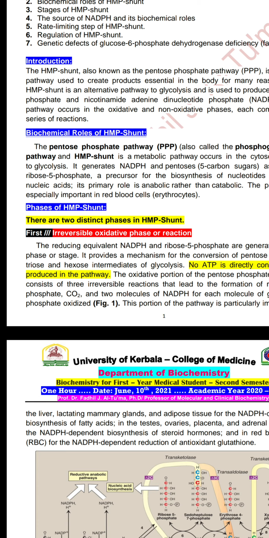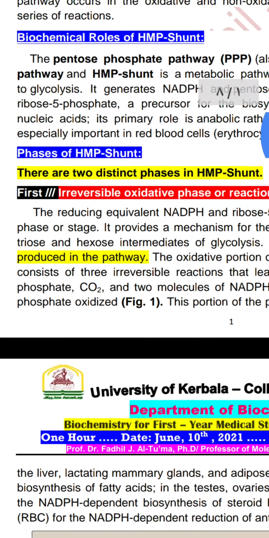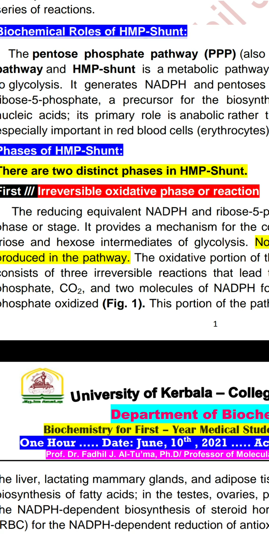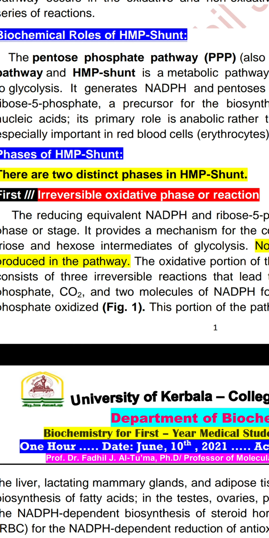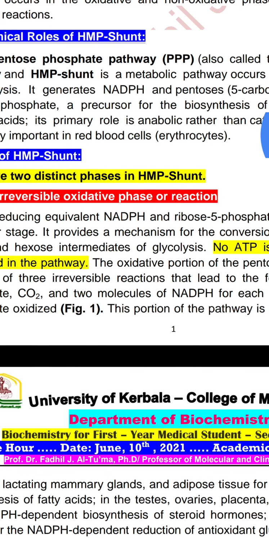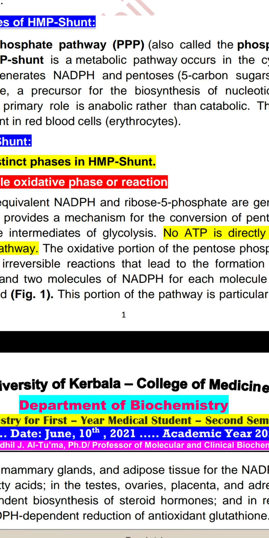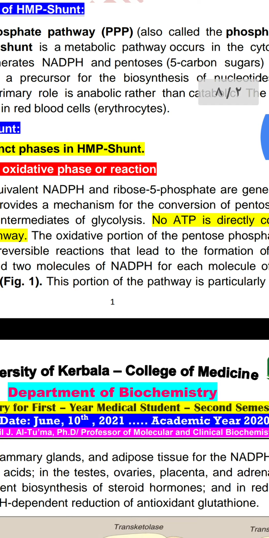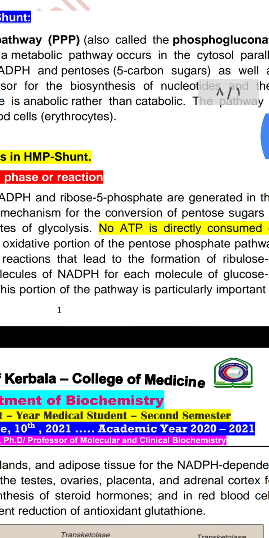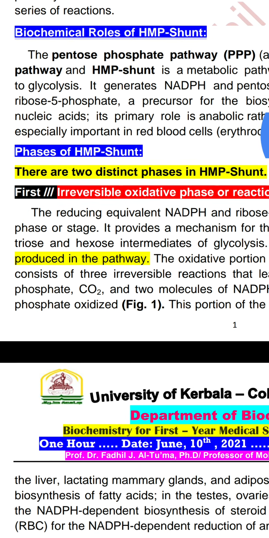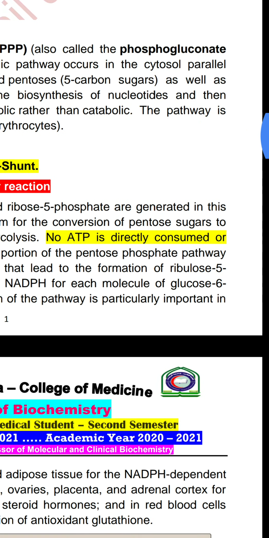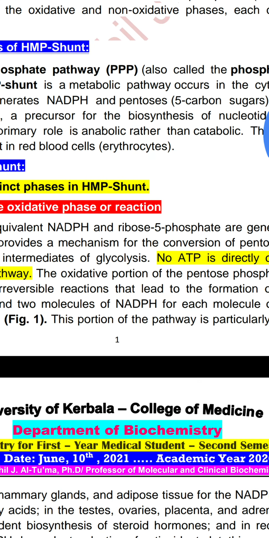What are the stages of hexose monophosphate shunt? We have two different stages. The first one is called the irreversible oxidative phase or reaction. The reducing equivalent NADPH and ribose 5-phosphate are generated in this phase.